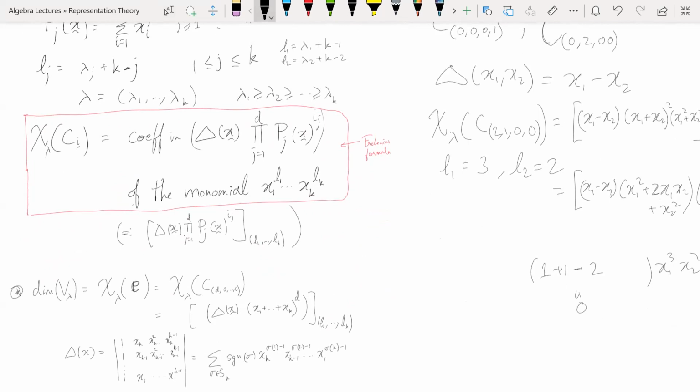This conjugacy class has only one element, the identity. So all the ij's are 0 other than I1. So you get delta x times only P1 will appear here, P1 to the power D, and you want the coefficient of x1^L1 to xk^Lk, where the Li's depend upon these lambda j's.